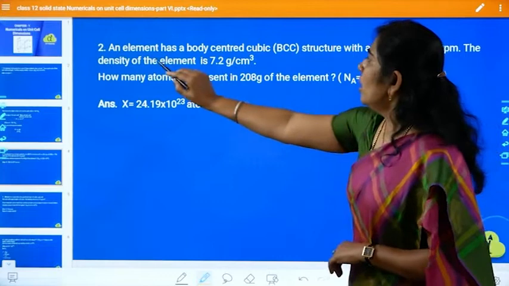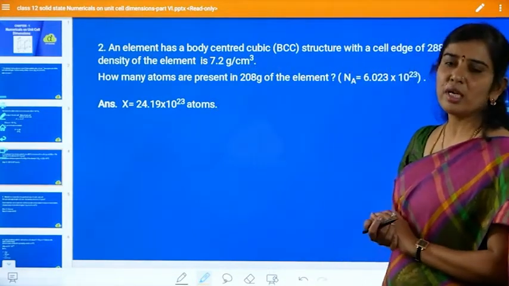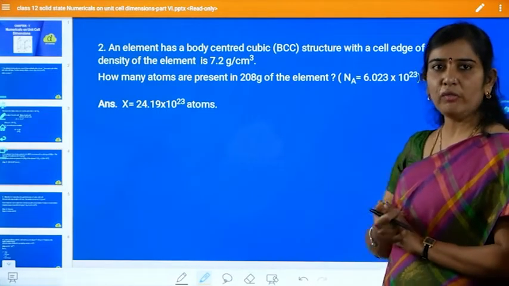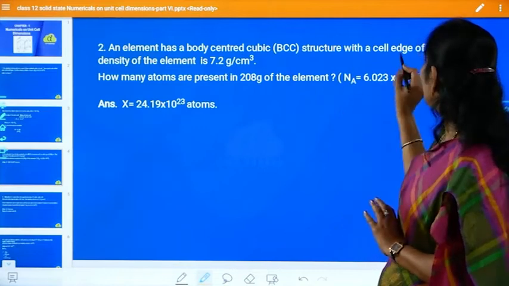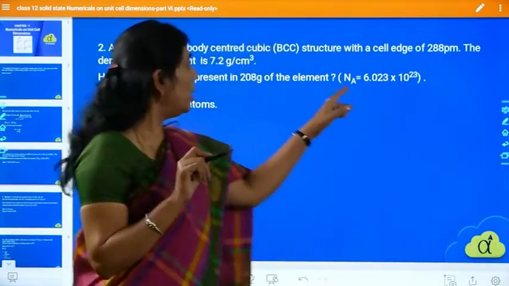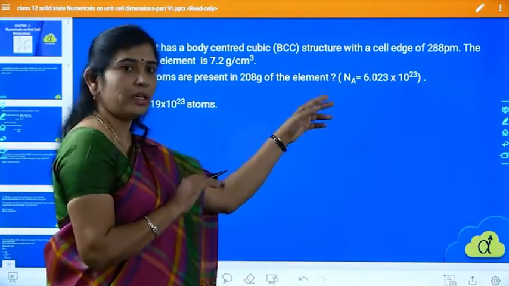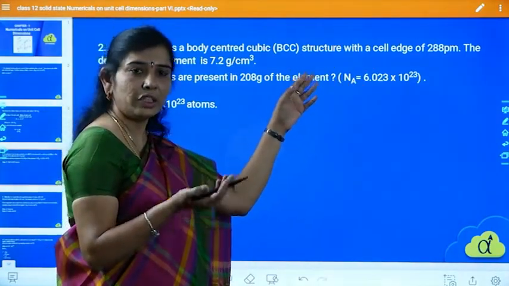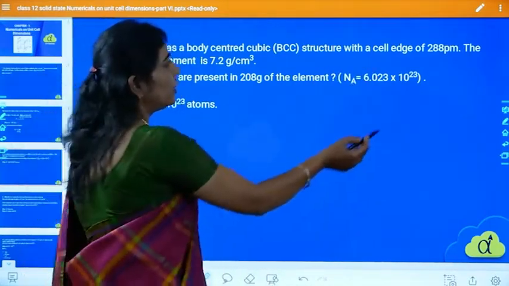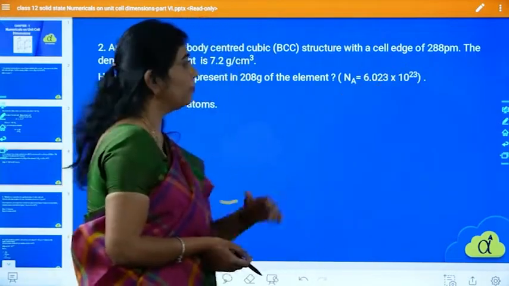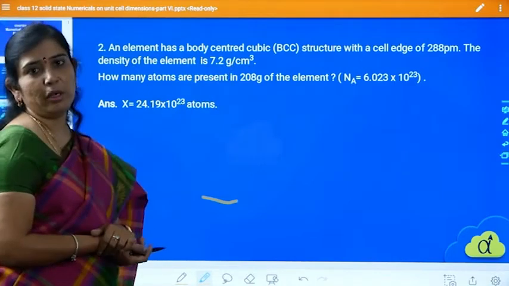Here, an element has a body-centered cubic structure, BCC. So before, in the first one, we discussed FCC. Now this is BCC. It has a cell edge of 288 picometer. Previously it was asked as edge length. You need not get confused. They can say edge length or cell edge. The density of the element is 7.2 gram per centimeter cube.